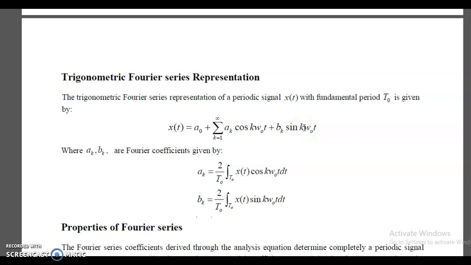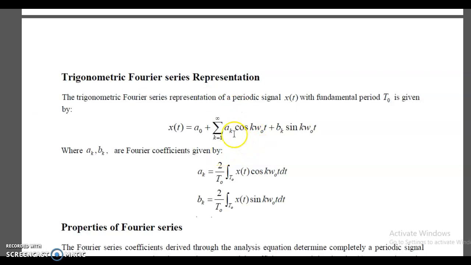So what it simply tells is that the trigonometric Fourier series is a sum of sine and cosine functions. If you have been through some mathematics courses, which you must have been through, you must have studied Taylor series and Fourier series over there as well, where you represent the signals as an infinite sum of terms. So here you do the same.